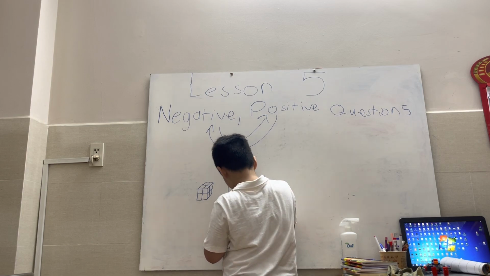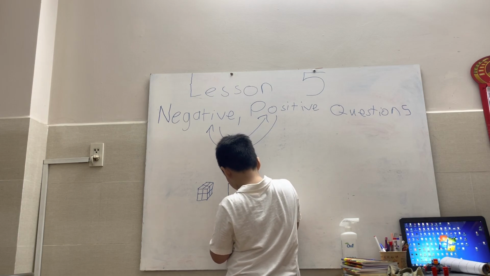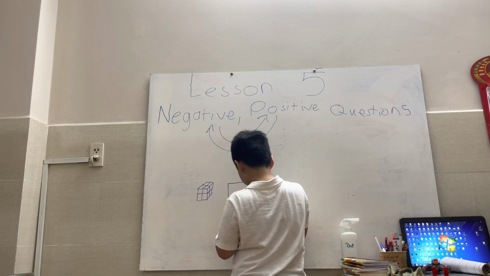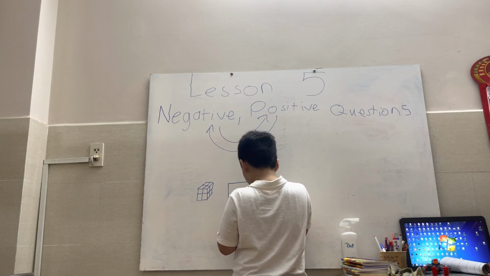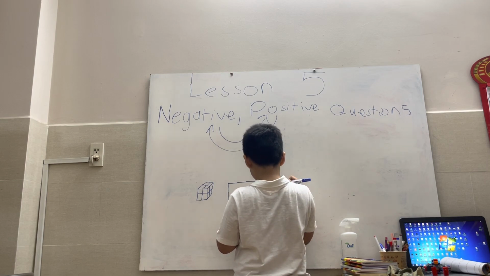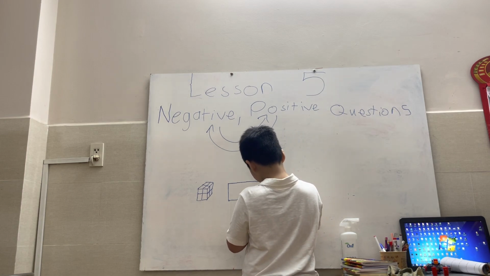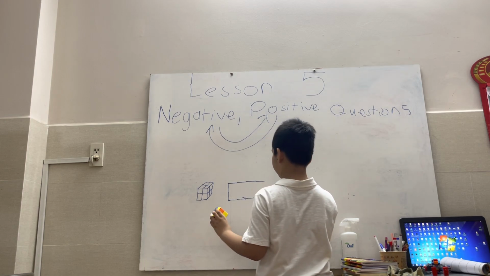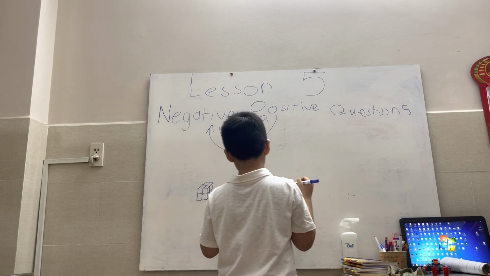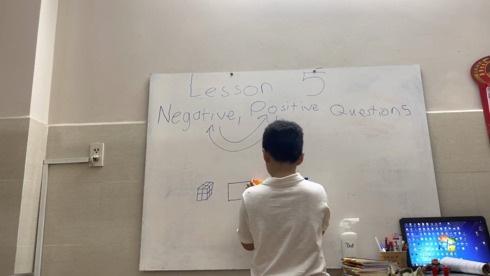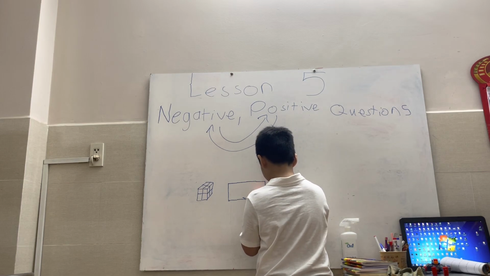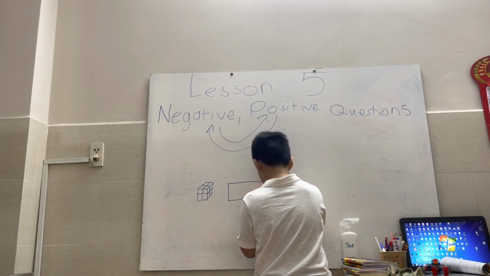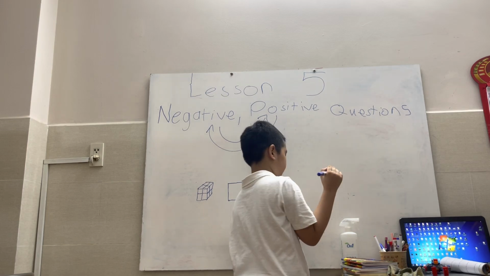First line of the rectangle. Second line. Third line. Fourth line of the rectangle. Another fifth. There.